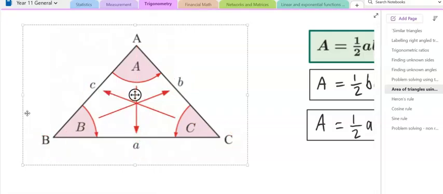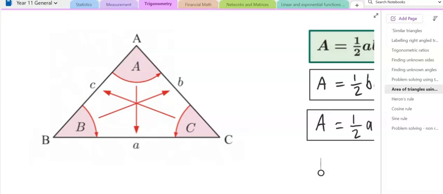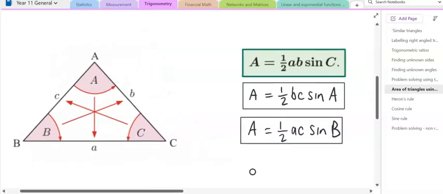Now, depending on the two side lengths that you have and the included angle will determine which variation of the formula you will use. Now, generally the formula is given here, area equals half times A times B times sine C. But we can also use different variations of that same formula as shown there.